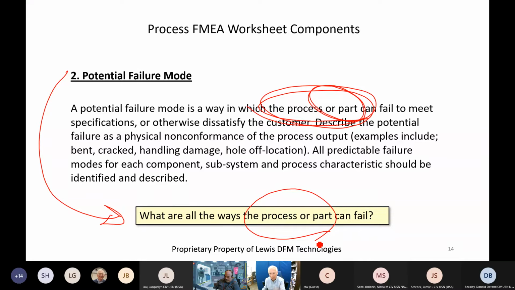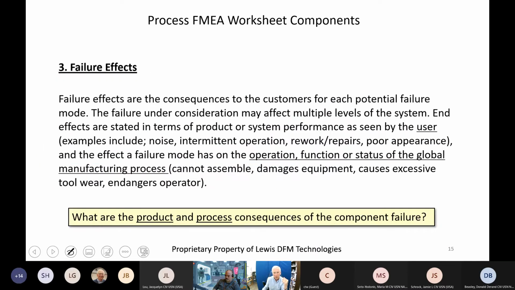Okay, examples include bent, cracked, handling damage, hole off location. These are things that could happen. And when you look at a complicated part, there's never going to be any shortage of things that could happen during the manufacturing process that we're going to look at. Failure effects are basically what are the product and process consequences of the component failure or the process failure. Okay.